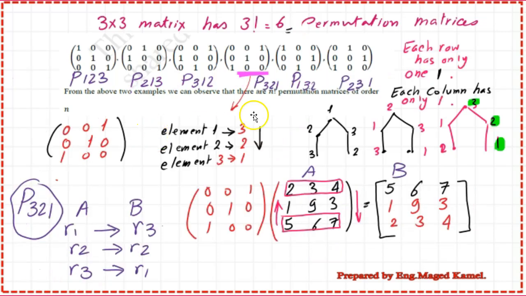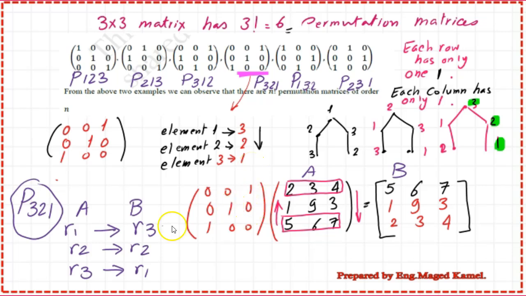We take the position of permutation B321. Instead of 1 2 3, the normal arrangement, which was 0 0 1, 0 1 0, 1 0 0, 1 0 0 would become up, and 0 1 0 is the same, and 0 0 1 will go down.